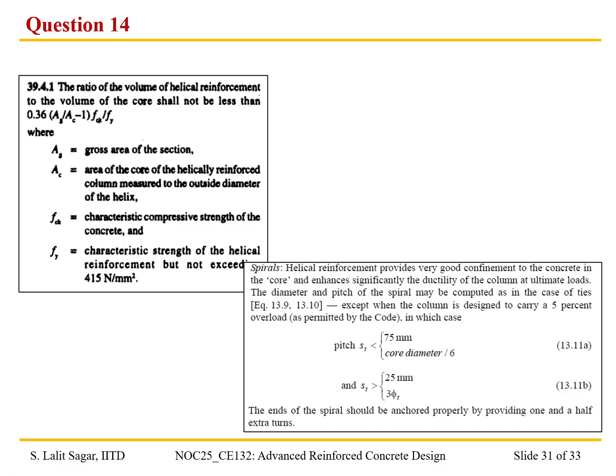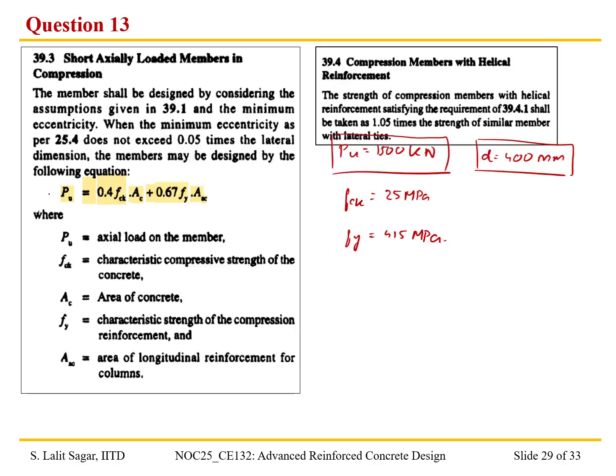We are going to be designing the helical or the spiral lateral ties as well, making sure that it conforms to clause 39.4.1. Now let us proceed to design the column as per clauses 39.3 and 39.4. So we need to amplify this strength capacity by a factor of 1.05.